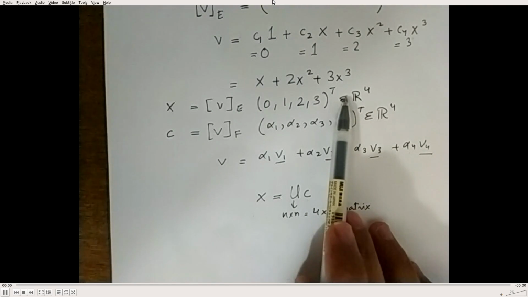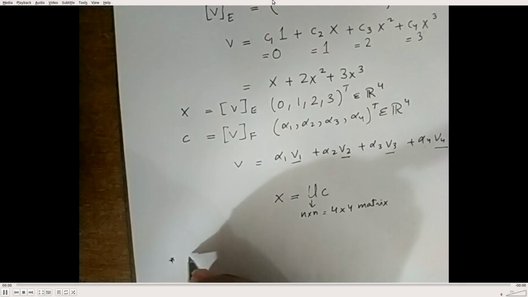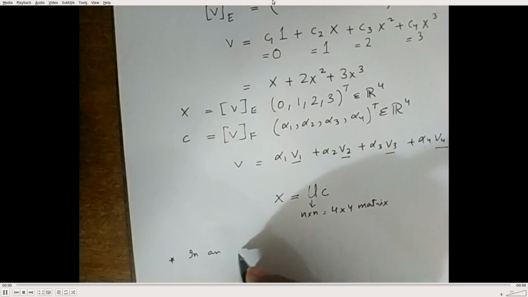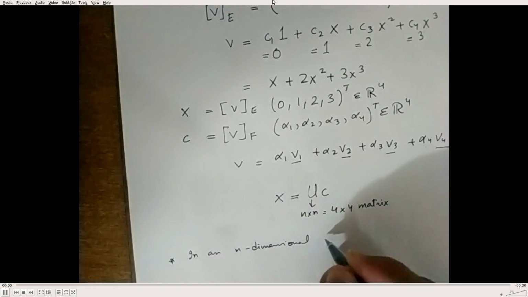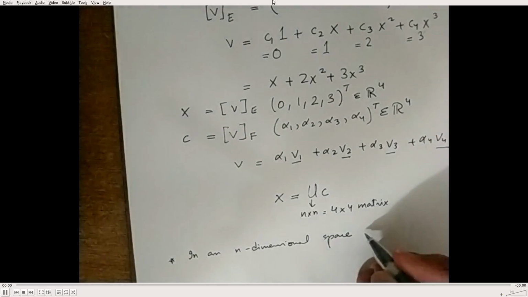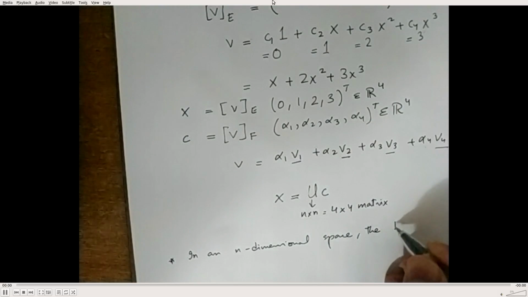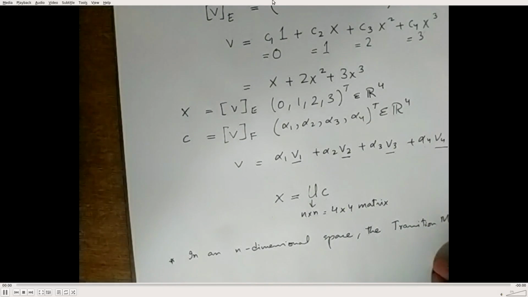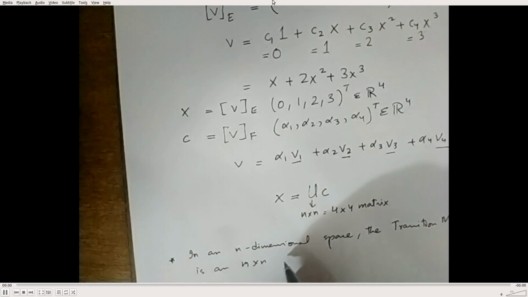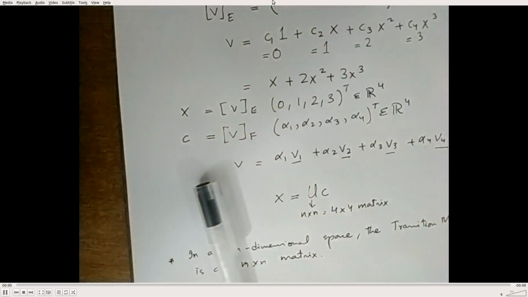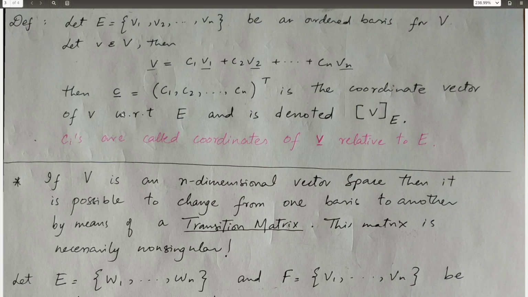So perhaps I can say something like the following: in an n-dimensional space, the transition matrix is an n by n matrix, right? And something similar to that I've already written in these notes.